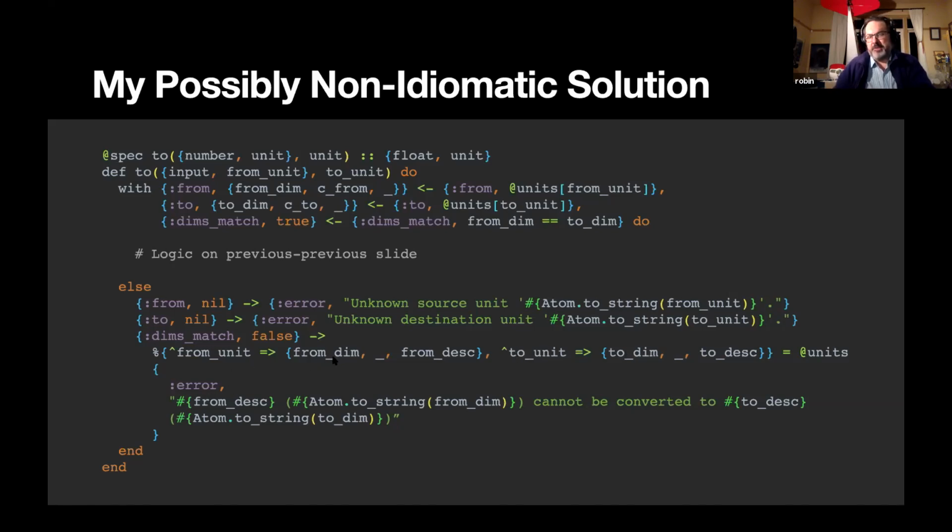And yeah, that's basically saying if I had tried to convert from feet to watts, then it would come up saying you can't convert this because the dimensions don't match. We can do length to length, but we can't do length to power or some other weird combination like that.